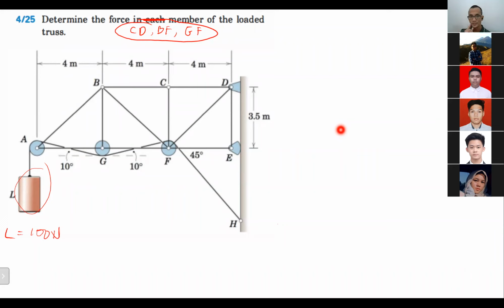What are the forces happening at pin G and pin F? Those are the most important information before you can go further. Anyone here can help me find the forces at pin A, pin G, and pin F?